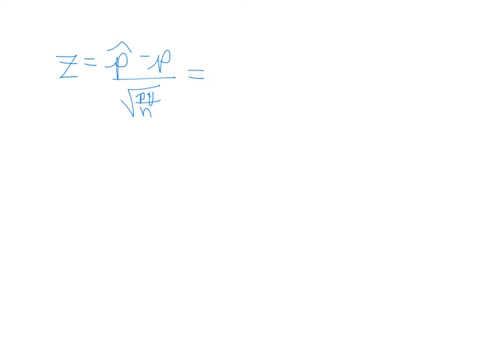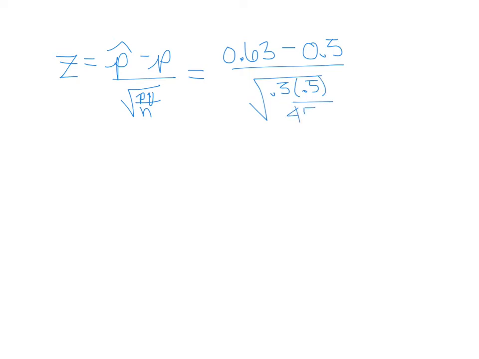So our p hat was 0.63. Again, this is information that we wrote down on that first slide. Minus 0.5 over the square root of 0.5 times 0.5 over 459.